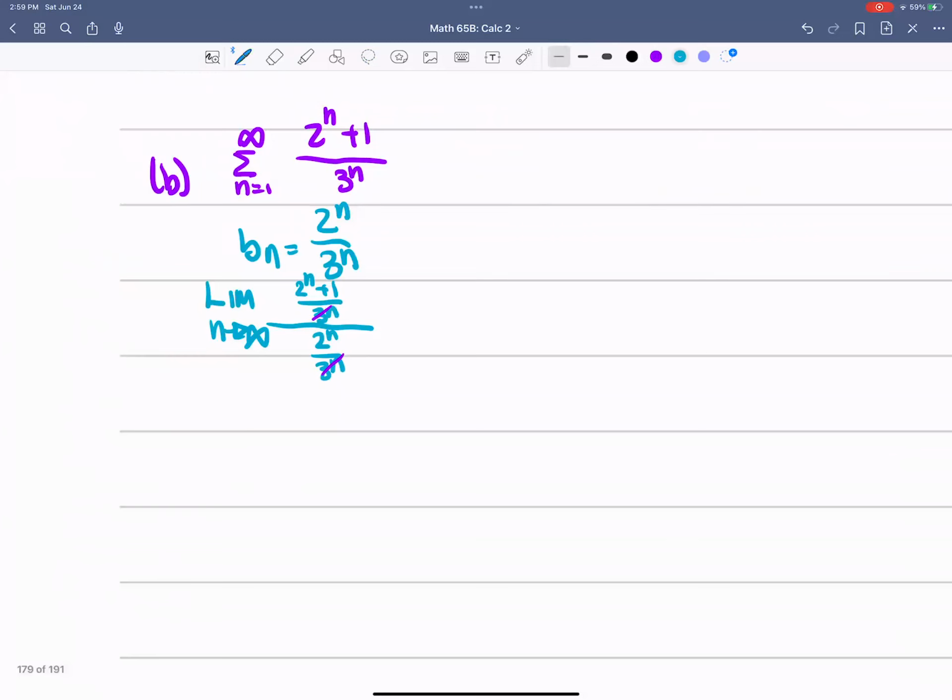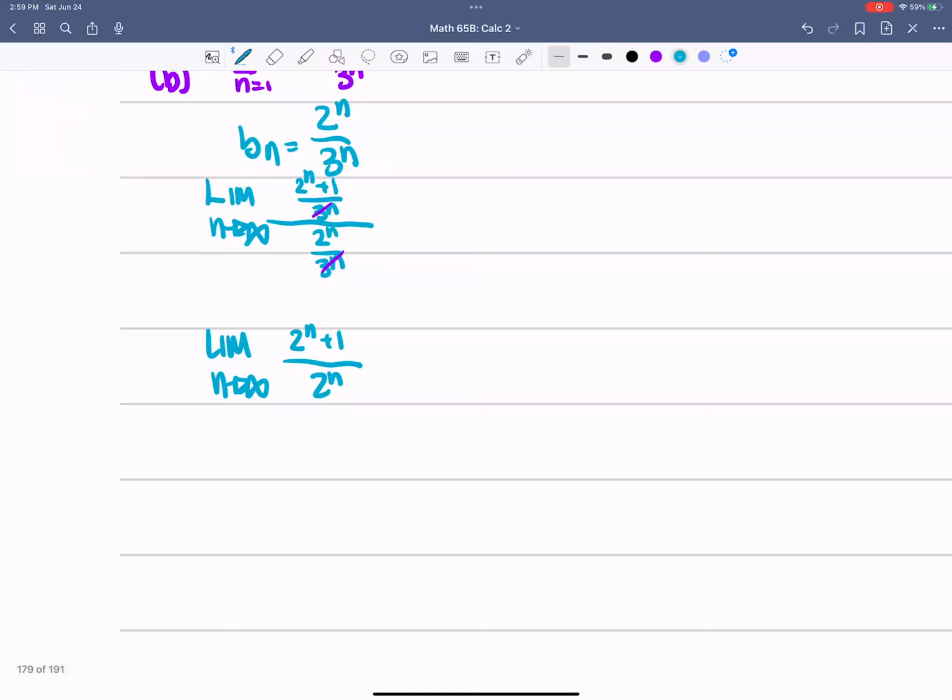So we end up with the limit as n approaches infinity of 2 to the n plus 1 over 2 to the power n. If we separate those into two different fractions, we have the limit as n approaches infinity of 1 plus 1 over 2 to the n, which is equal to 1. So this tells us that either both of them converge or both of them diverge.